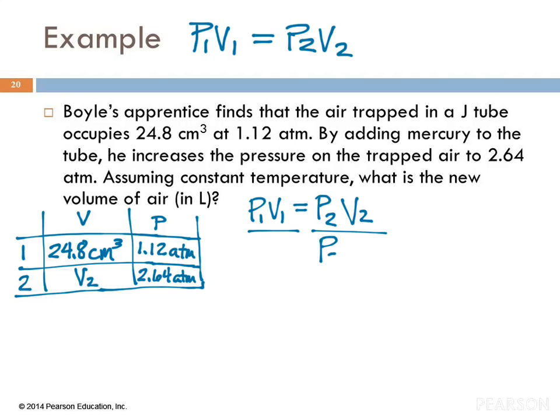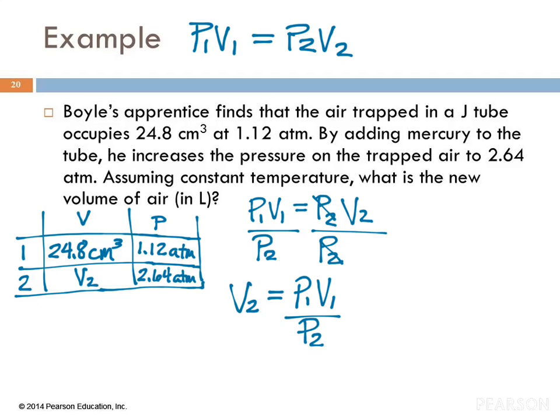If we divide by P2, they will cancel out. And I need to do the same thing to both sides for them to stay equal. Be careful when you're copying these things down because it's so easy to exchange the ones and twos and then the answer will be wrong. So V2 equals P1 V1 over P2.